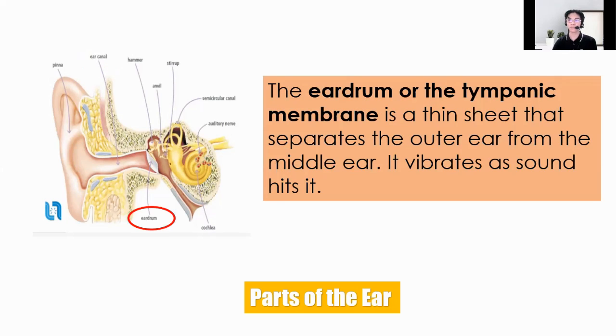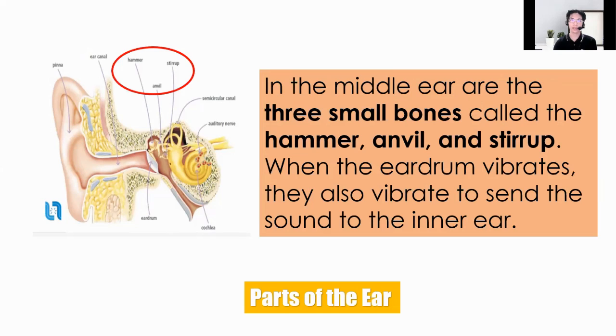The eardrum, or the tympanic membrane, is a thin sheet that separates the outer ear from the middle ear. It vibrates as sound hits it. These vibrations then transfer to the 3 small bones.